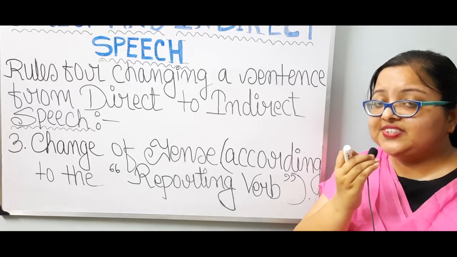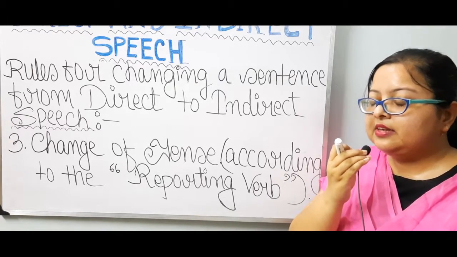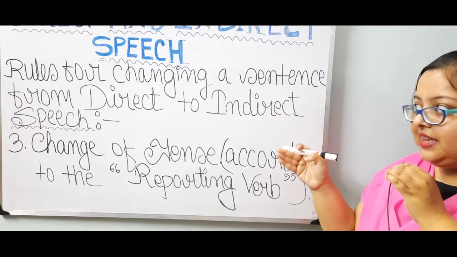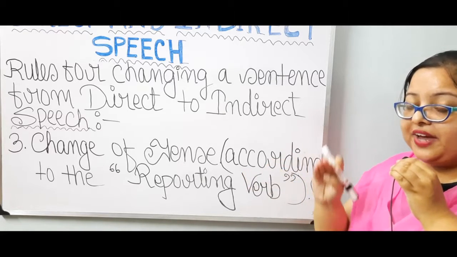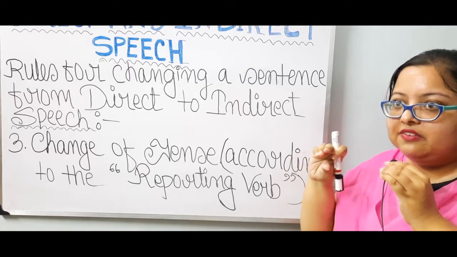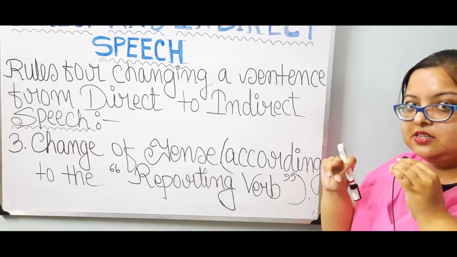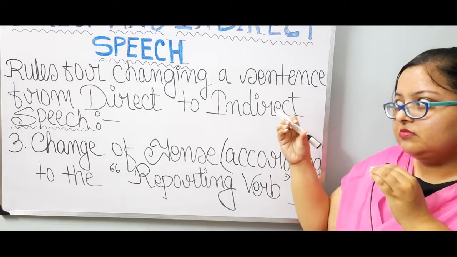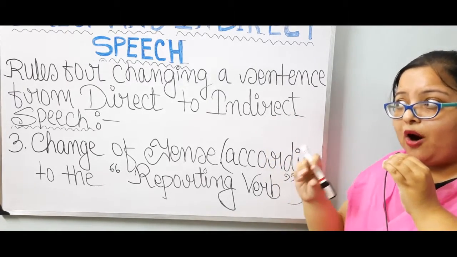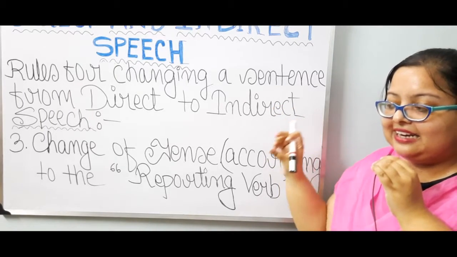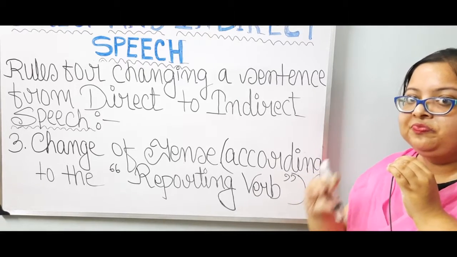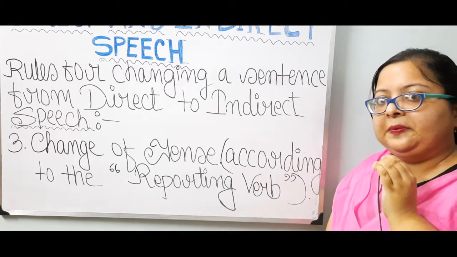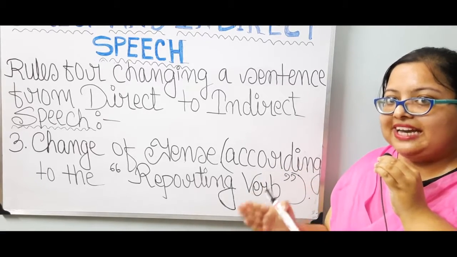If someone said something in the past, then with the change of speech from direct to indirect, when we write that very sentence in indirect speech, we have to change the tense according to the reporting verb only.